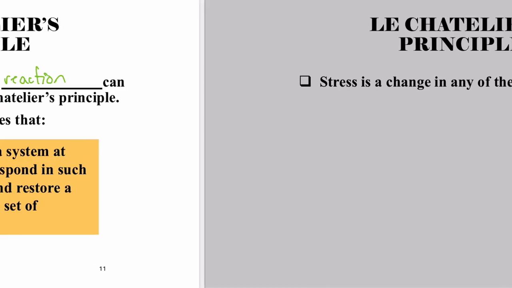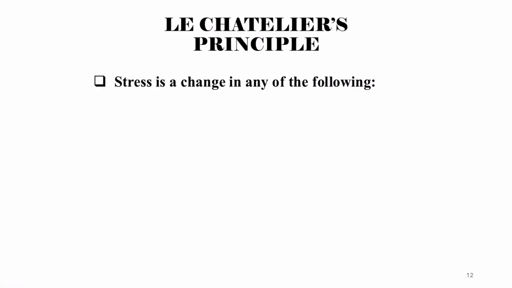And so what are the different ways that we can stress the system? Well, one would be the one I just said, which is what? Adding reactant or changing the concentration of something, right? So we can change concentrations.